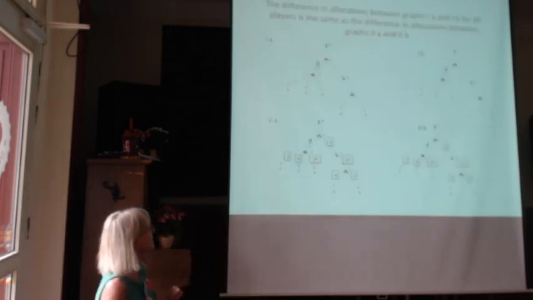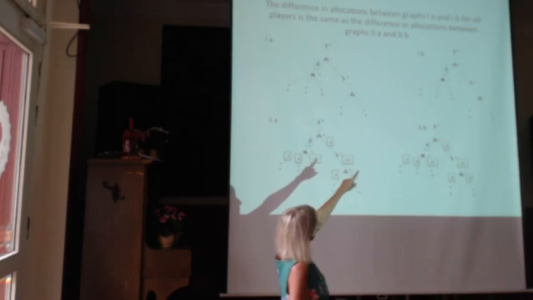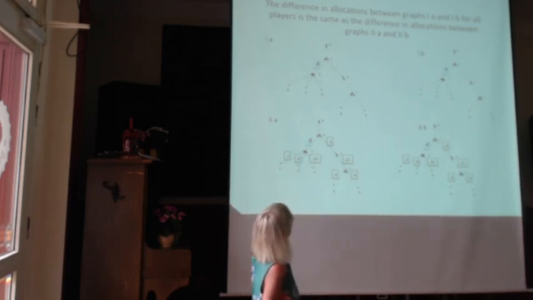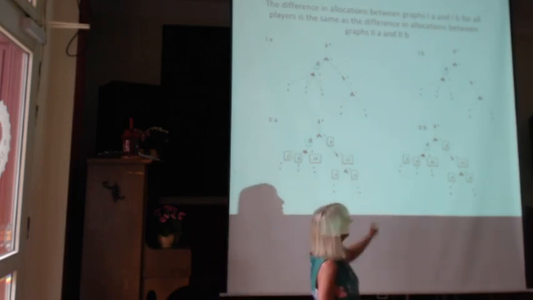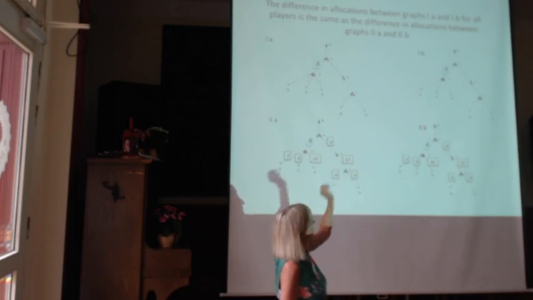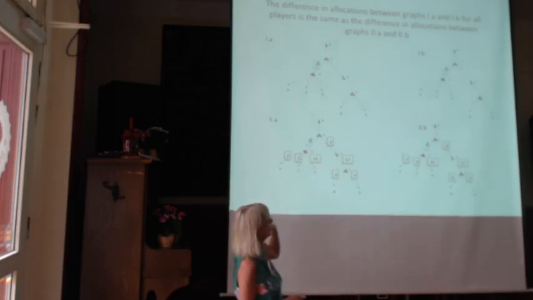So what it means is, let's look first at 1A and 1B. On the segment or the arc from 2 to 1, the pollution went down from 8 to 4. So this will cause some reduction in allocation to player 2 and perhaps some others if they're responsible for this.